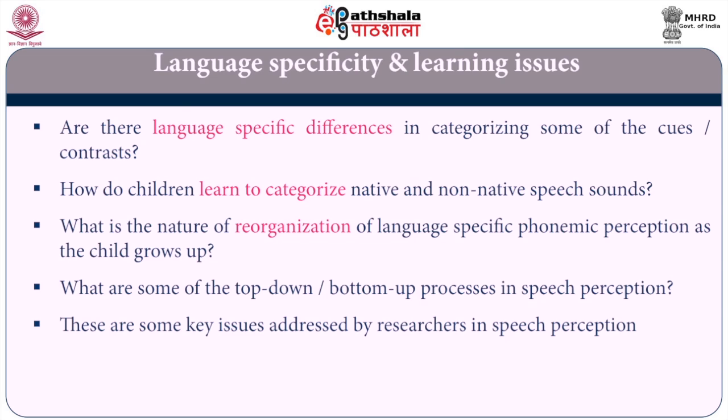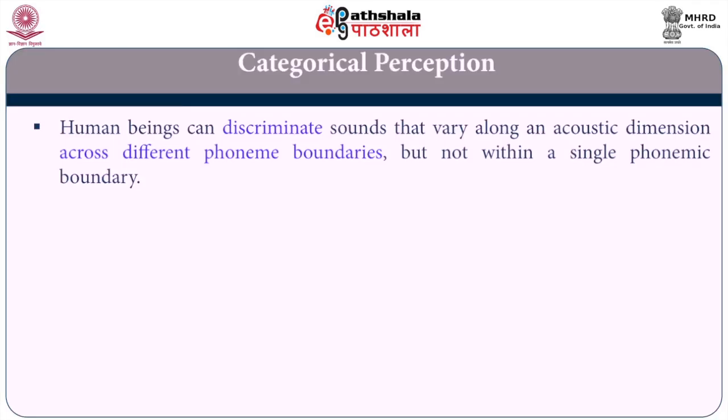So, categorical perception is one of the earliest experiments done to find out whether people categorize speech sounds similarly across different languages. Definitely we all differentiate pa from ba, ka from ga, ta from da. Whether you are an English speaker or Hindi speaker or Telugu speaker, you can differentiate. But are there differences?